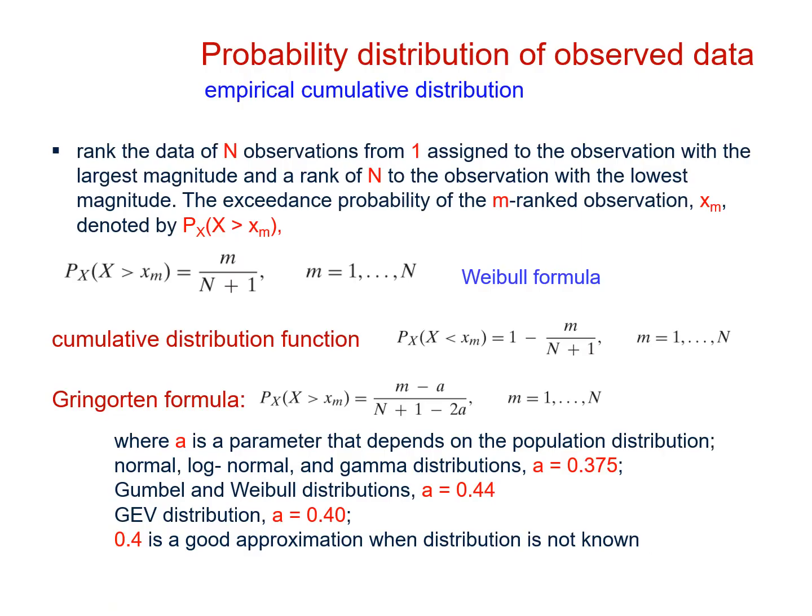We want to know what is the probability distribution of our observed data, right? Does this data follow normal distribution, or log normal distribution, or the Gumbel distribution, extreme value type 1 distribution? Which distribution does our data follow?